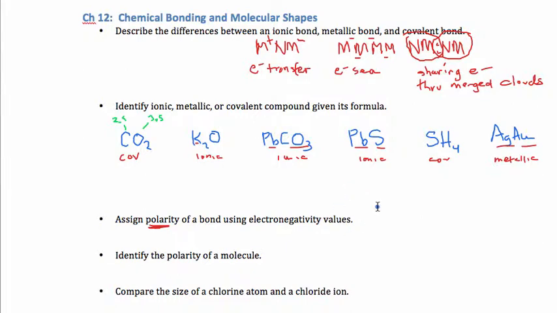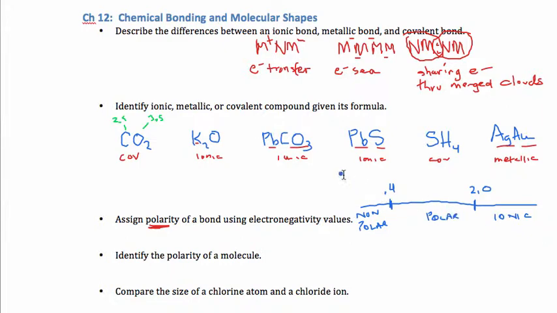So polarity is assigned on a continuum, and these are the basic cutoffs. If the electronegativity values of the atoms differ by more than 2.0, we call these compounds ionic. And if the electronegativity values differ by less than 0.4, we call these non-polar. And in the middle are the polar compounds.